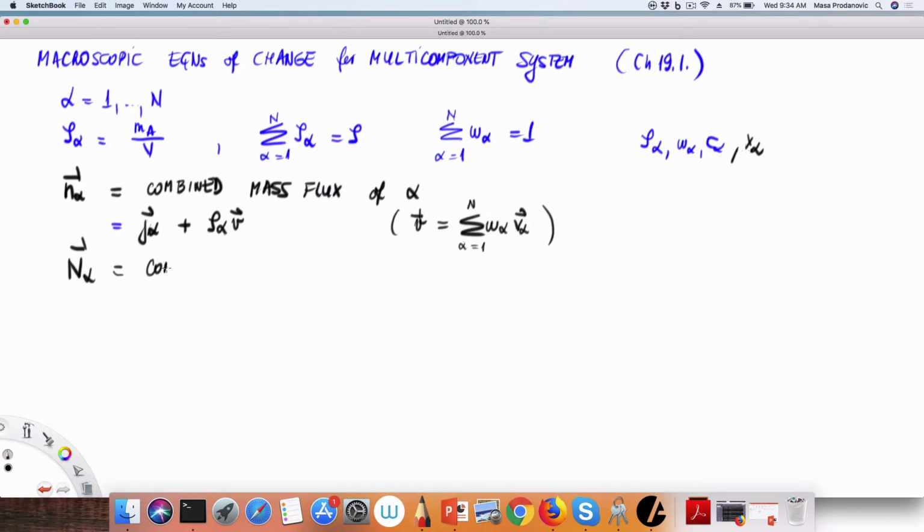Hey, combined molar flux also of species alpha, and I'm going to use stars to refer to that. So it's uppercase J star plus C alpha V star, and my V star is the average using X's.